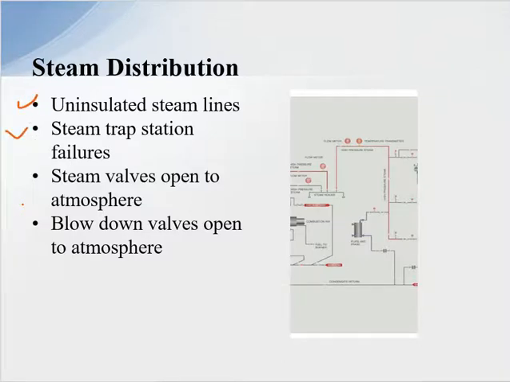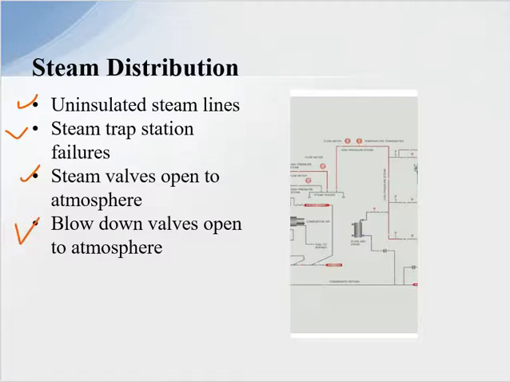And steam valves open to atmosphere. You walk into the facility all the time, and we have valves open to the atmosphere, and due to valve failure a lot of the times, but it's still a loss. And blowdown valves open to atmosphere. So they go out to blow down the drip pockets or blow down the steam lines, and they leave the valves open, and then it's another loss to the system.